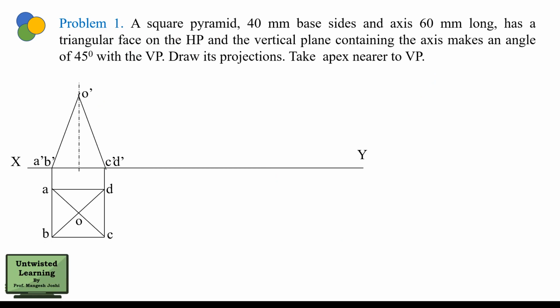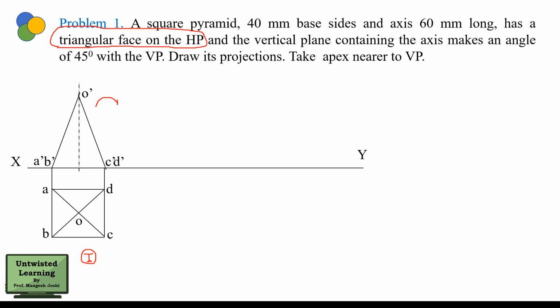So this completes the first stage of your problem. The second stage is the redraw stage. You have to redraw this at a given angle. In this case, directly angles are not given, but what condition is given? That its triangular face is on HP. So you have to redraw this diagram keeping the triangular face on HP.